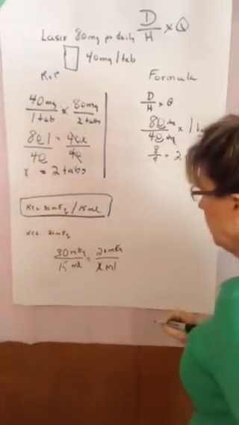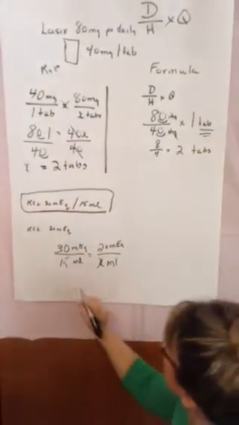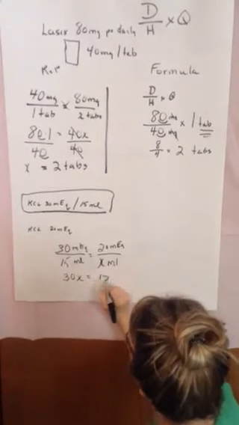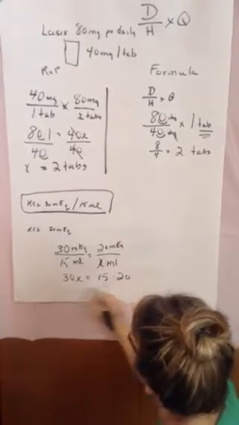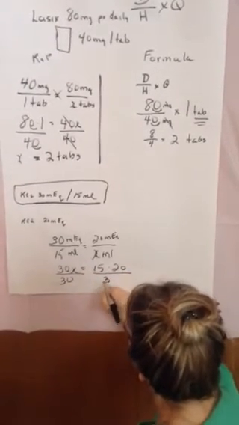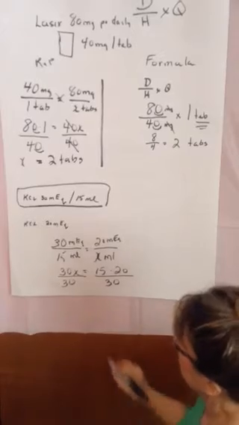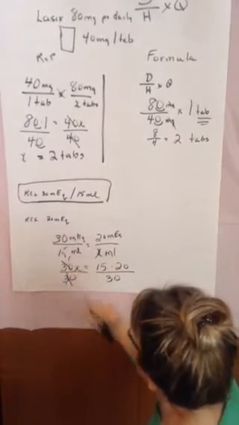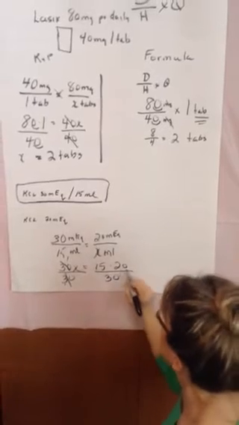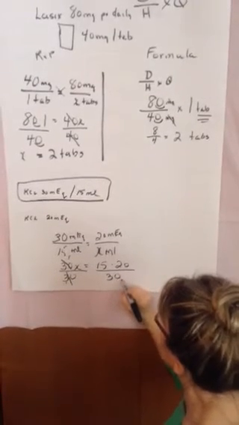X mils. And so I'm going to come down here and I'm going to cross multiply. 30x equals 15 times 20. Divide both sides by 30. And so we've isolated x, but here's where I'm going to move that decimal over. And I'm going to divide both these by 10.